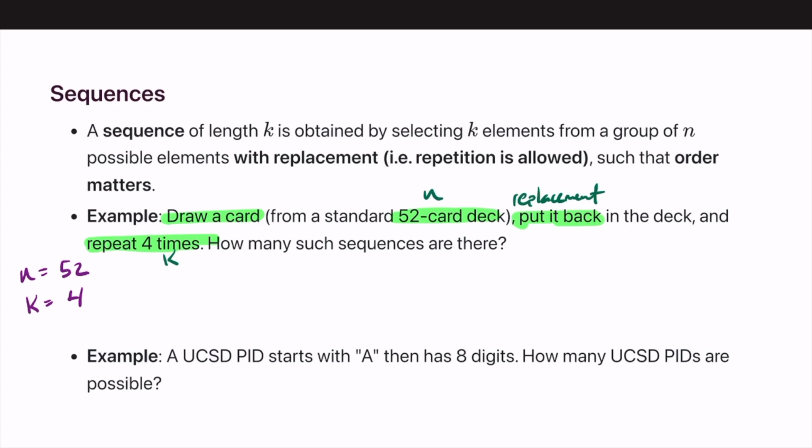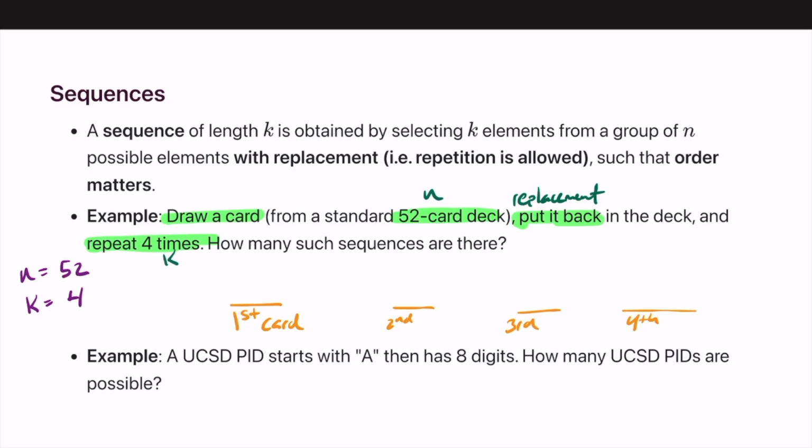So how do we actually write this out? Well, it's oftentimes a good strategy to draw a pretty picture. And by drawing a pretty picture, we're going to have a slot where we draw our first card, and then our second card, and then our third card, and then our fourth card.